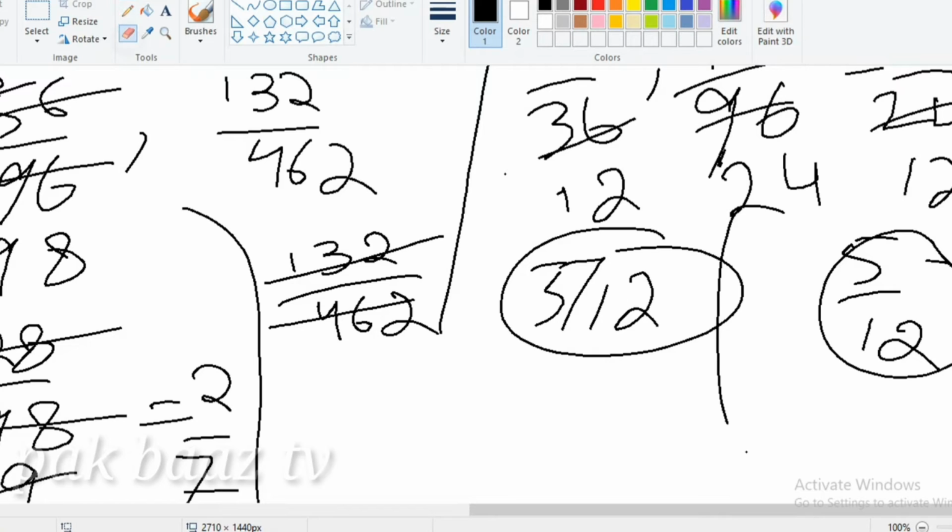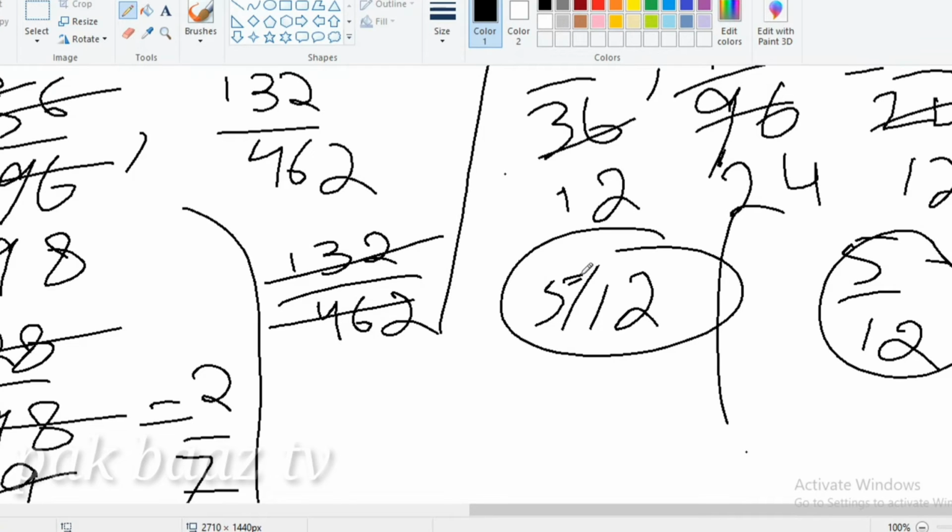Or are you going to say that it's not an equivalent fraction? Tell me. It is equivalent. Yes, it's the equivalent fraction.